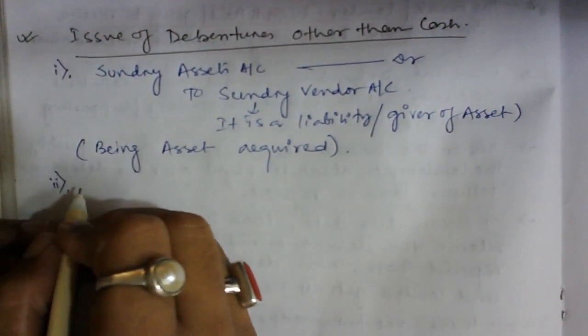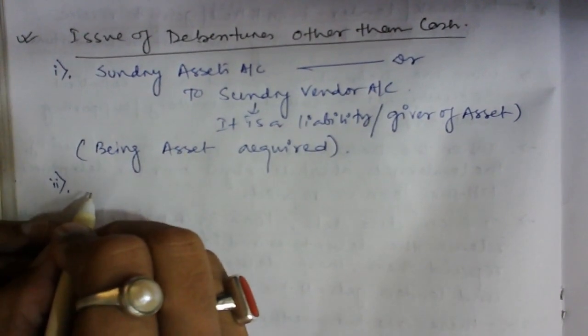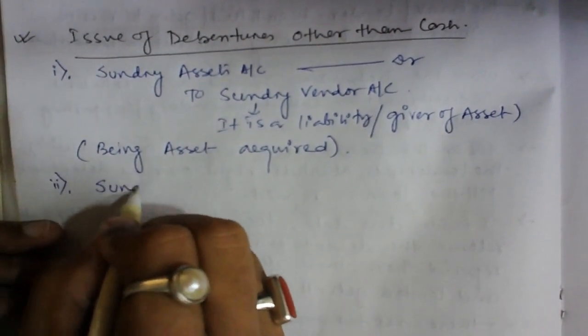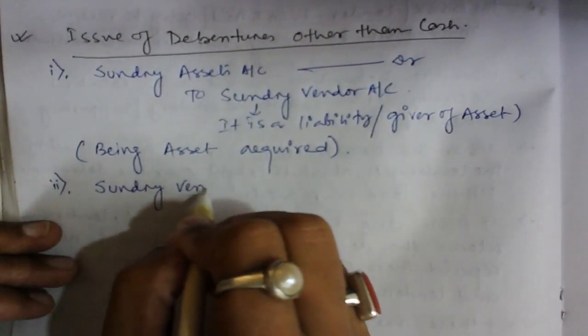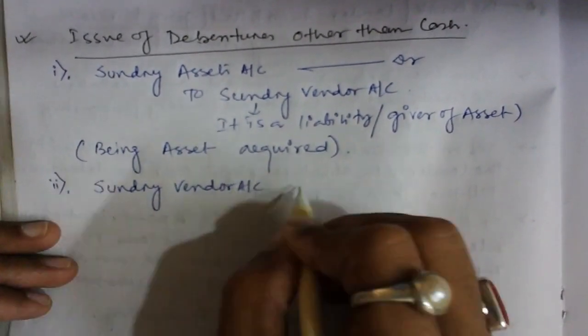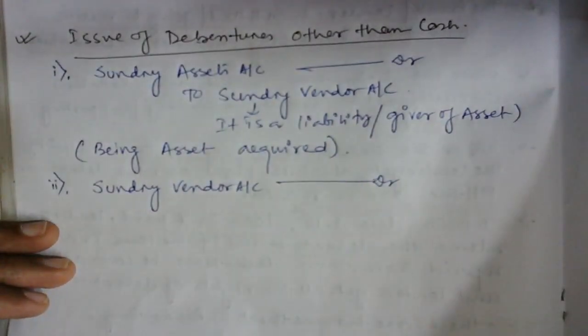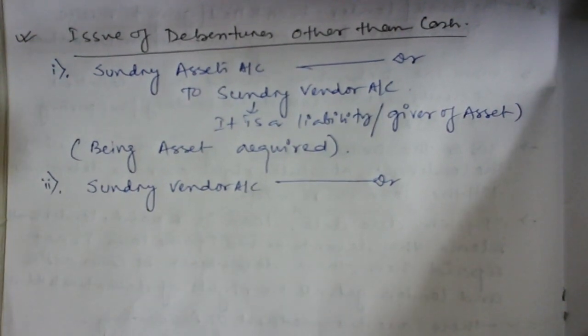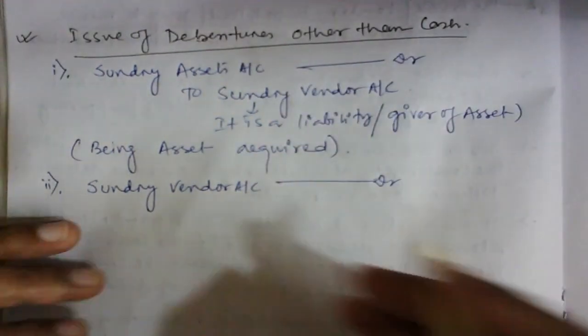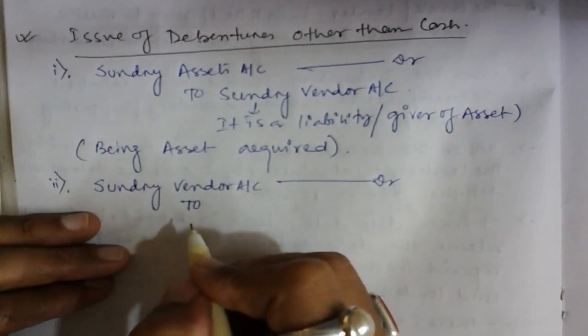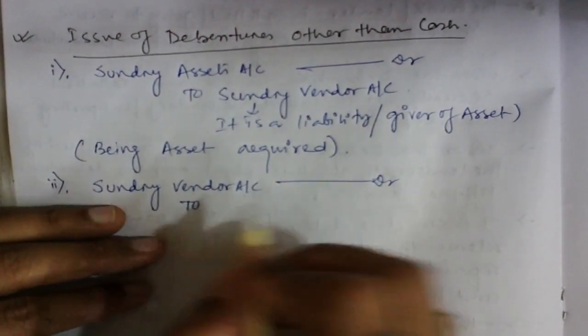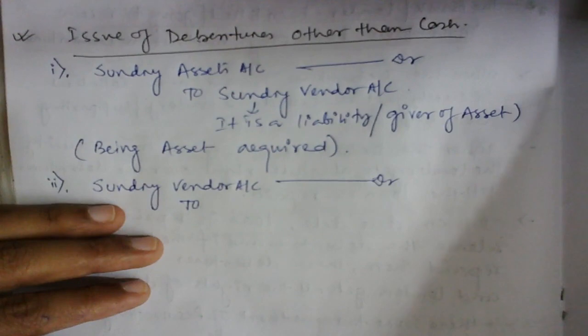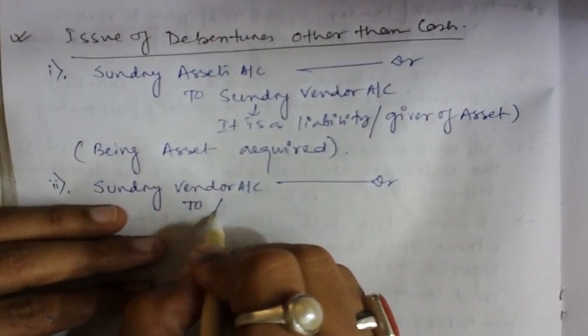Number one, in the given case, you can write sundry vendor, or you can say vendor account debit, to percentage debenture.